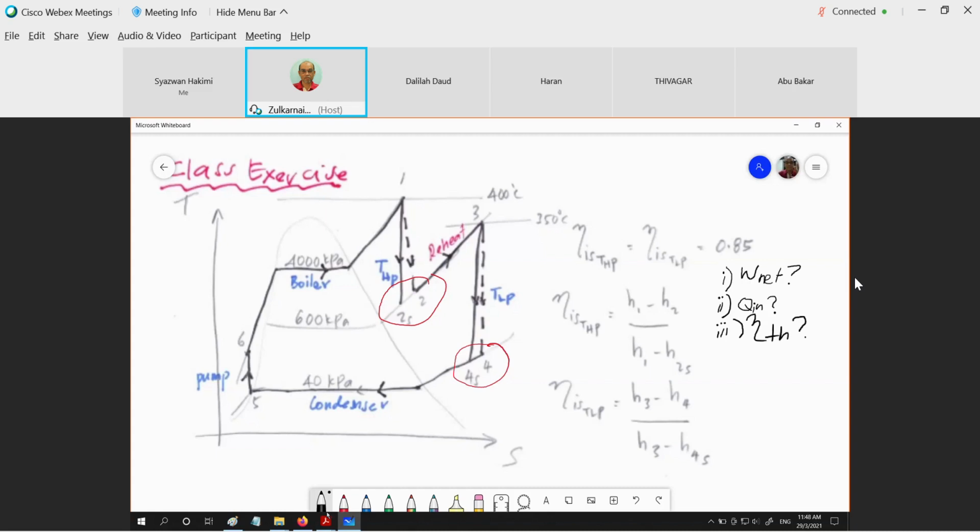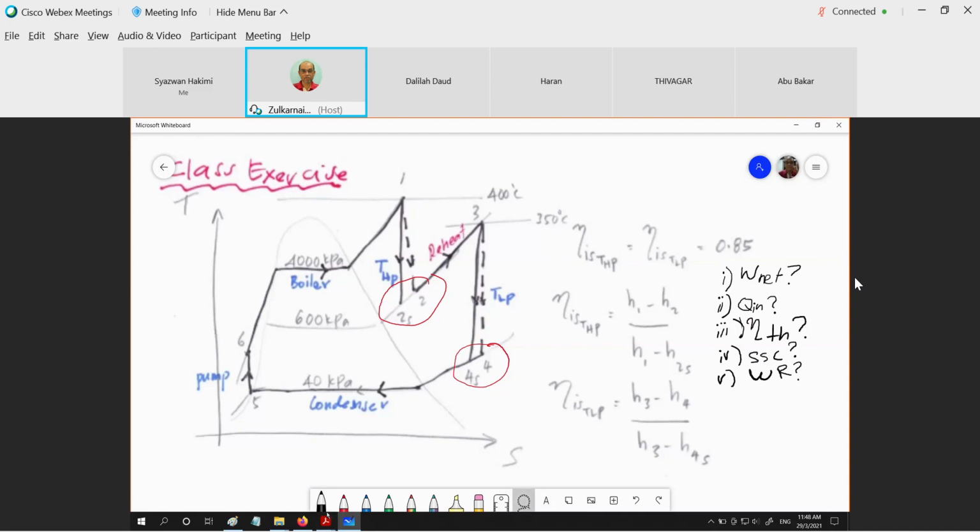After that, what do you think? SSC. After that, we go for SSC. What do you think the last one? The work ratio. So these are all the parameters that will be asked frequently in the test or in the question. Either one, or maybe we can change it later.